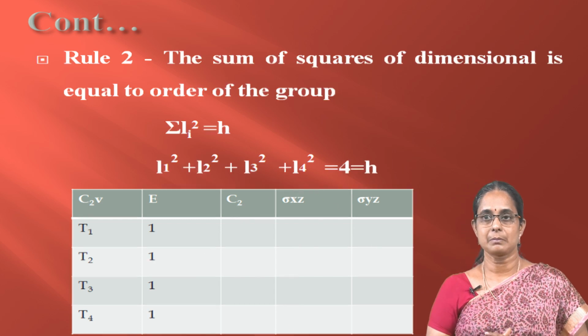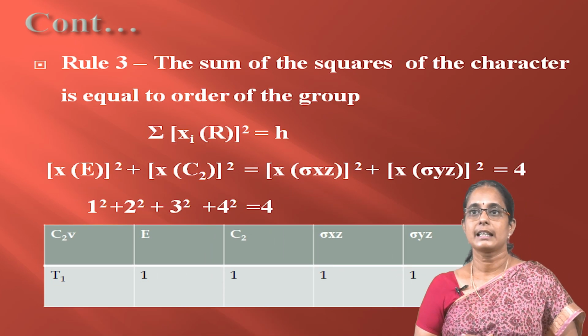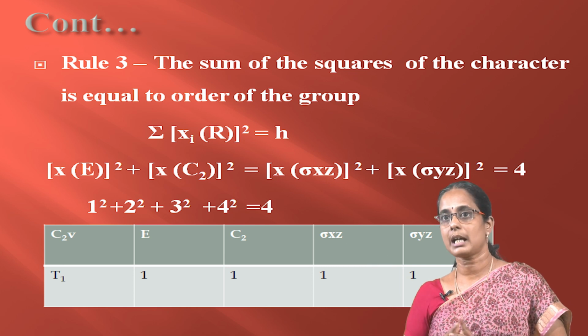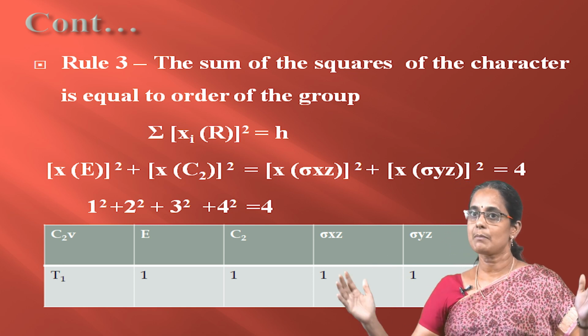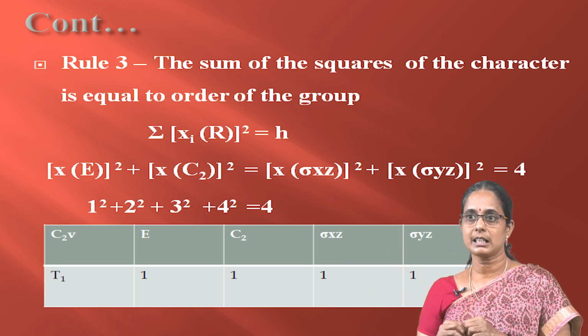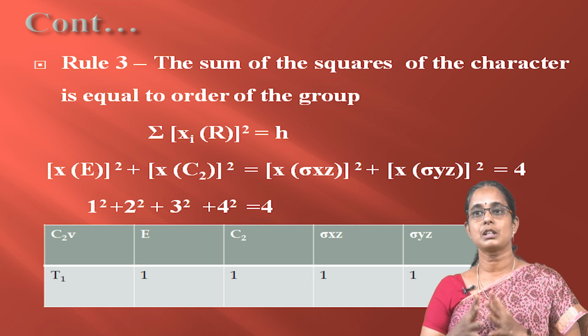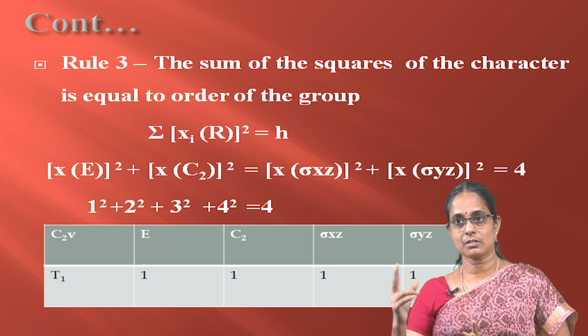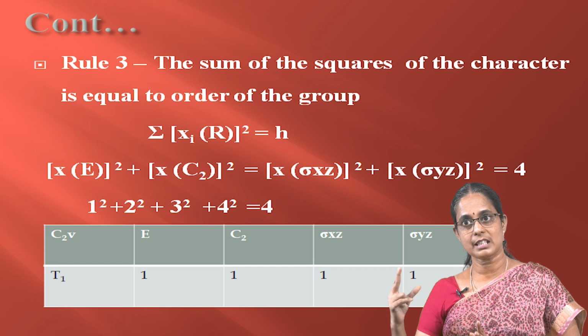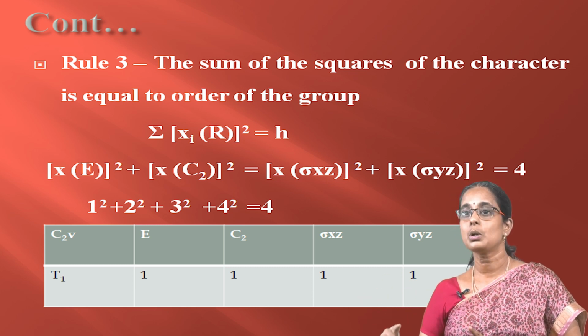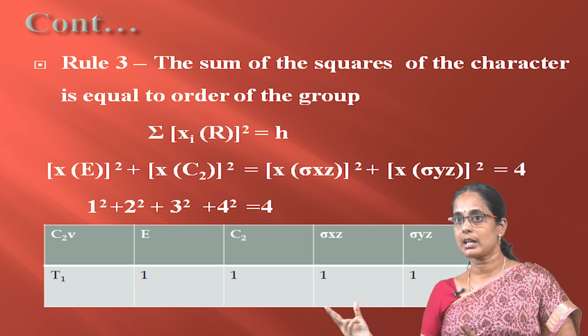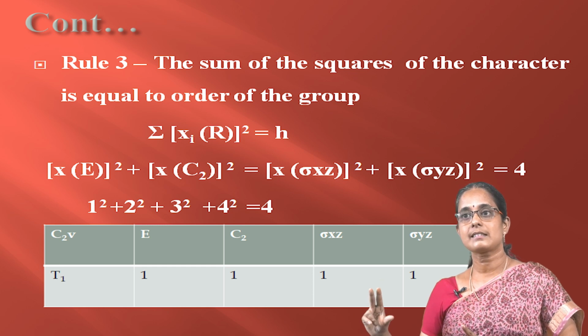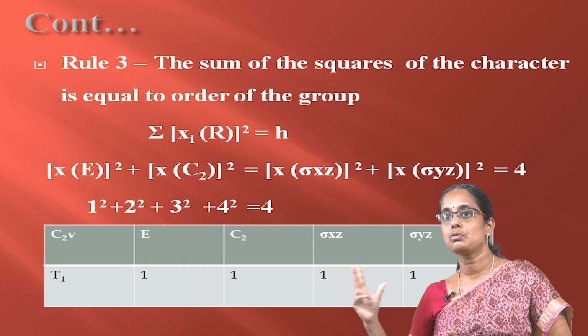In the third step, sigma xi squared is equal to h. The sum of the squares of the characters is equal to the order of the group. That is, x of E squared plus x of C2 squared plus x of sigma xz squared plus x of sigma yz squared is equal to 4.